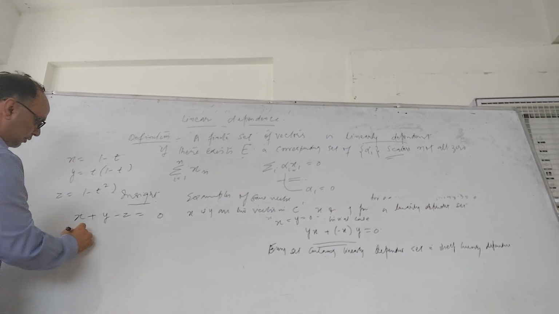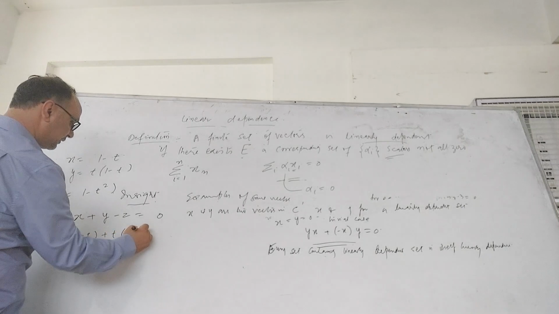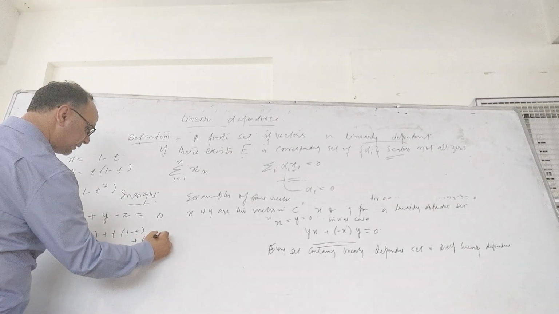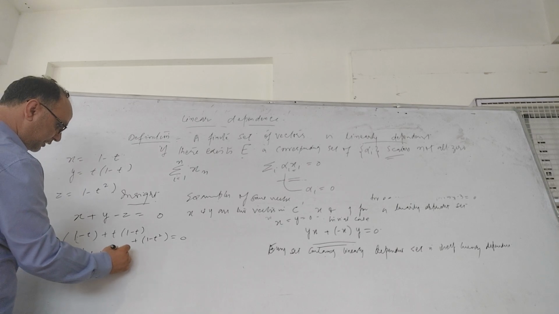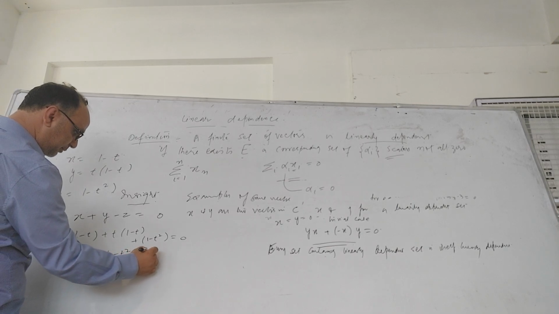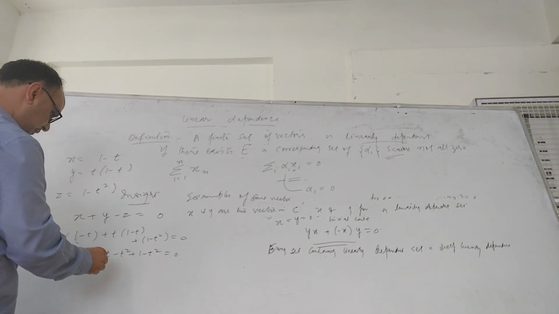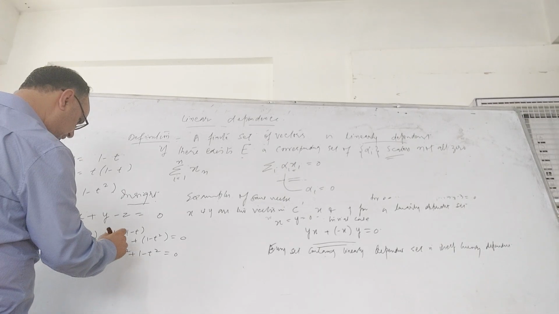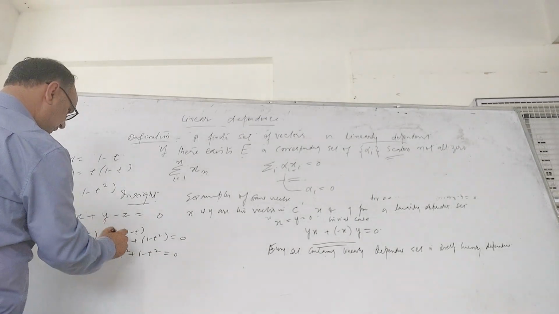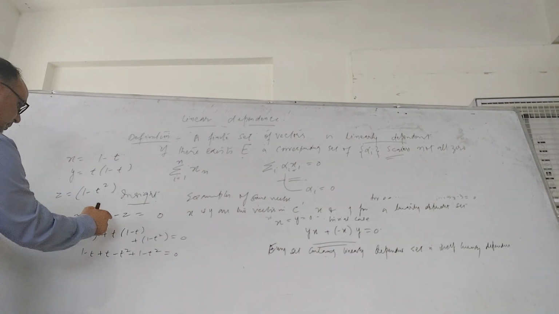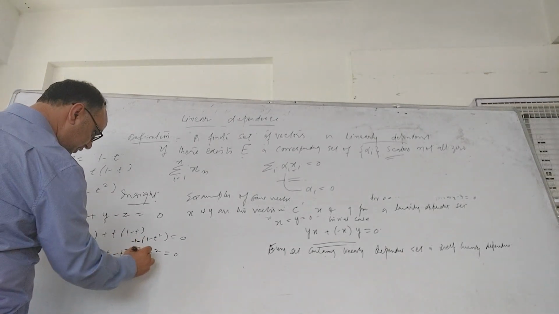You see, 1 minus t plus t into 1 minus t, that is t minus t square, and z is minus, so minus 1 minus t square, this becomes plus.